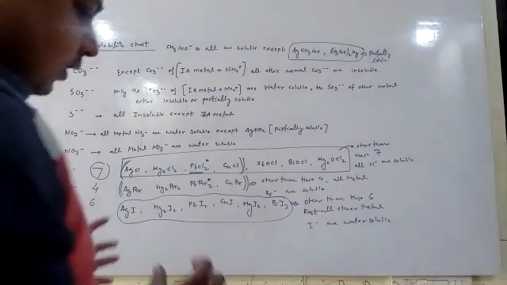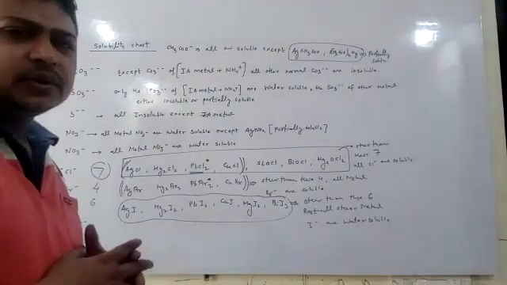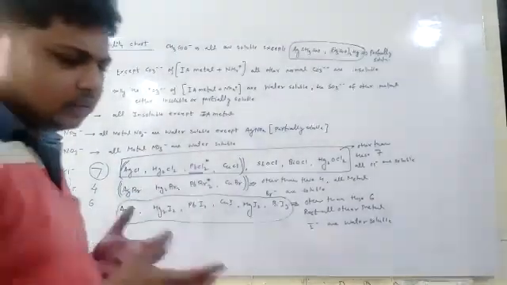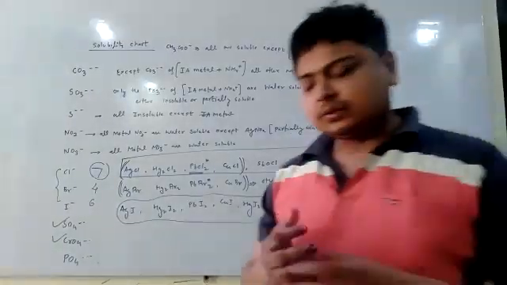Because suppose in chloride we are getting HCl gas, so the color of the gas. We already discussed color of gas, like color of bromine, color of iodine. We discussed or not?